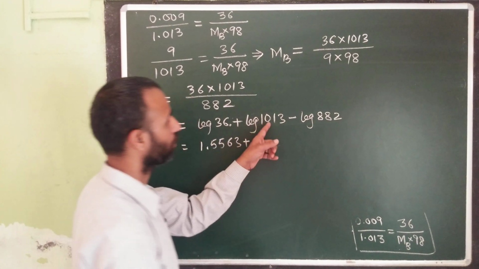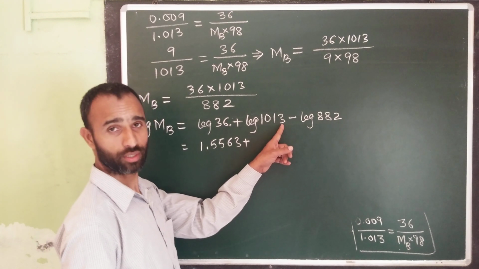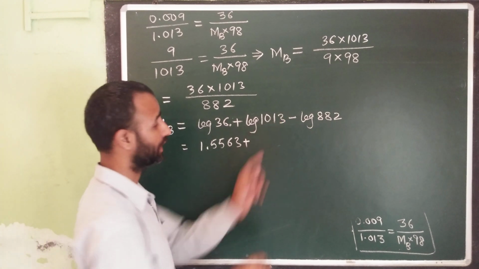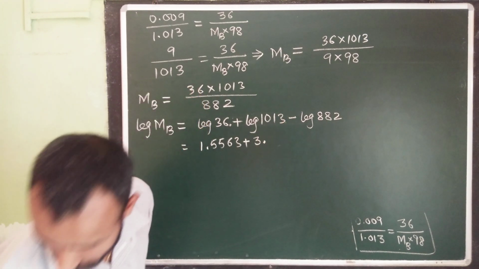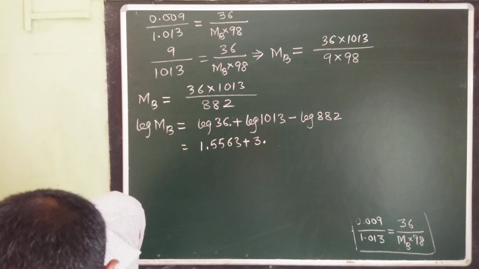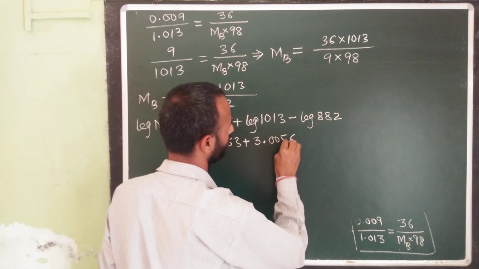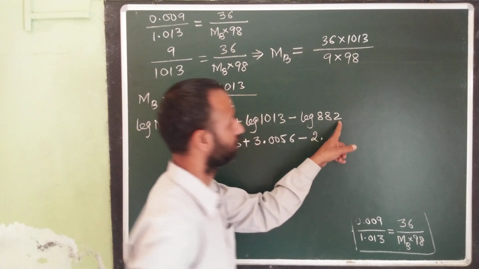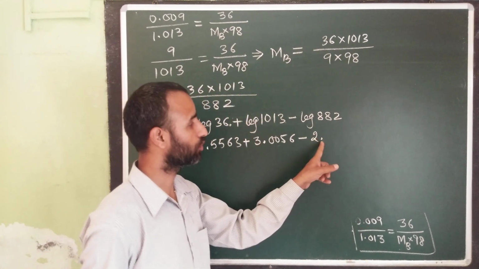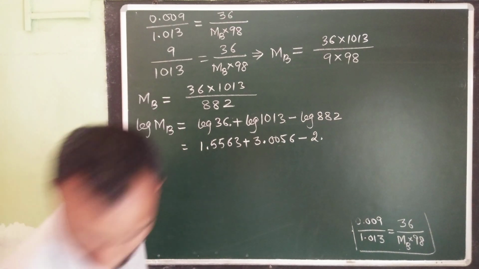Plus log of 1013, 4 digits before decimal place, so 3 point, and 1013, so it is 0056. Minus log 882, 3 digits before decimal place, so 2 point, and 882, so it is 9455.